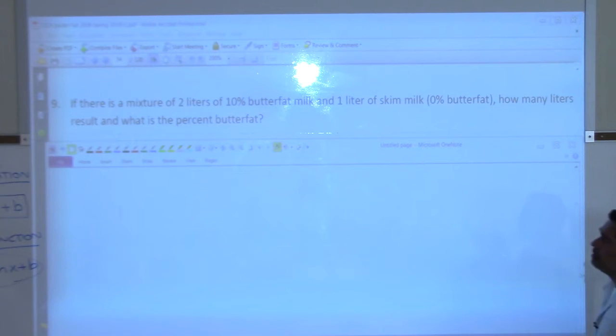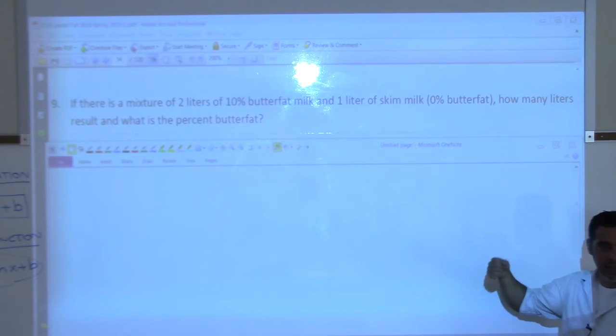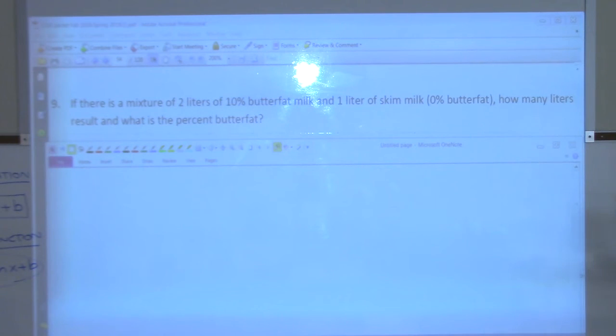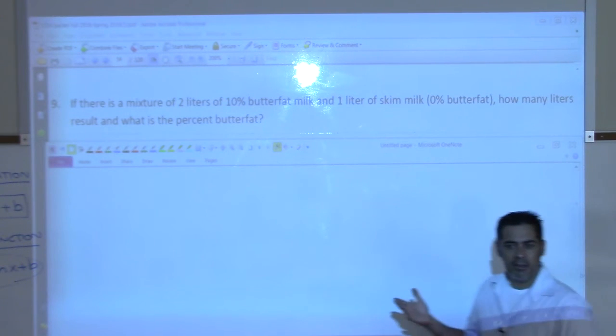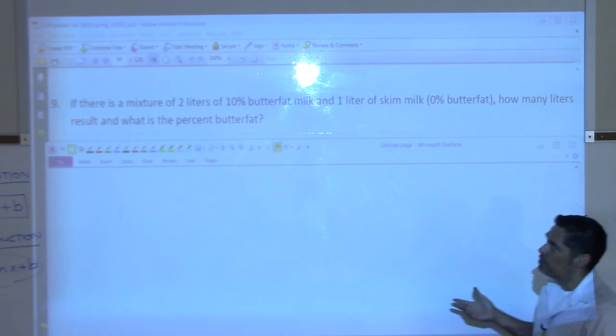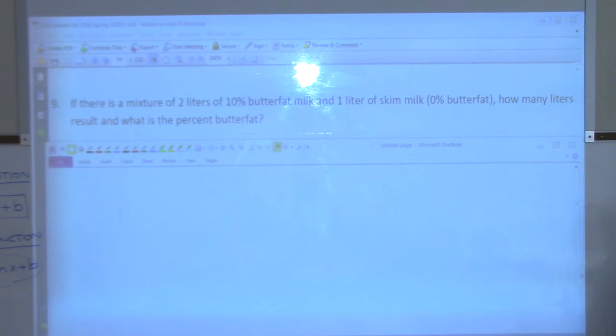Whoa, okay. So when you go and buy milk at the store, when it says like 2%, that's giving you the percentage of fat in the milk. This is saying that we have 2 liters of 10% butterfat milk, and then we have 1 liter of skim milk, which has no fat in it.